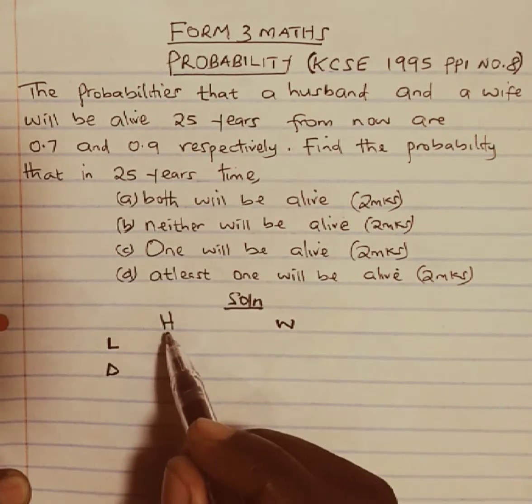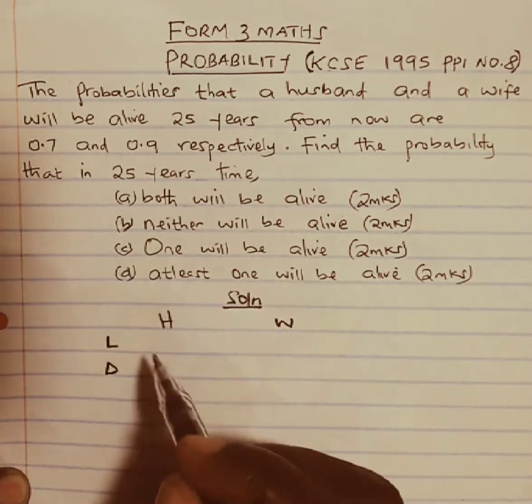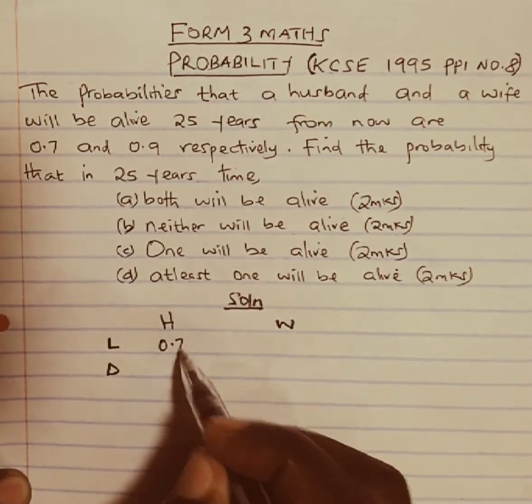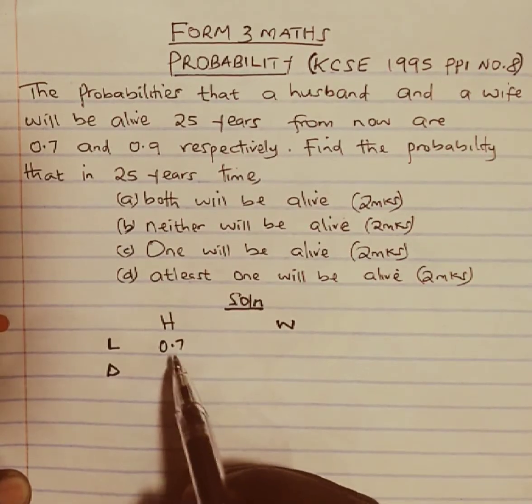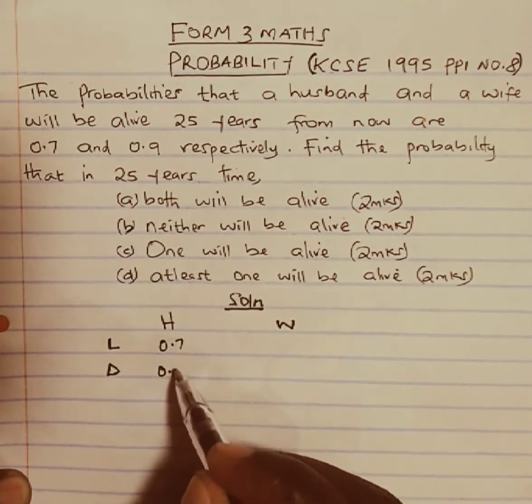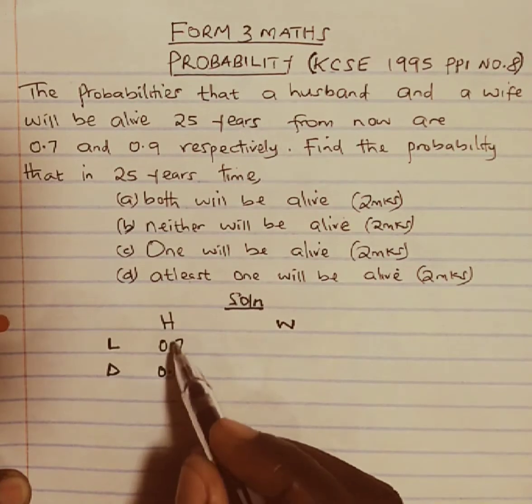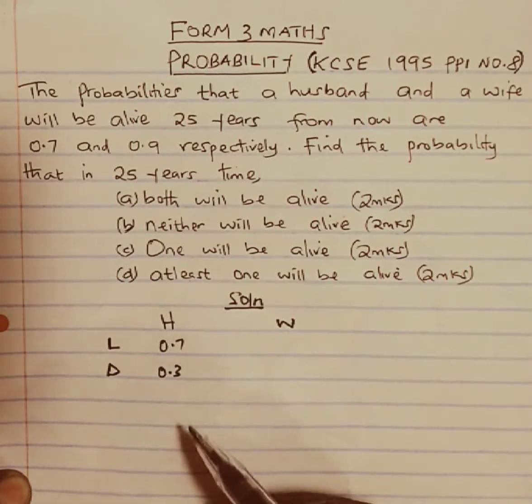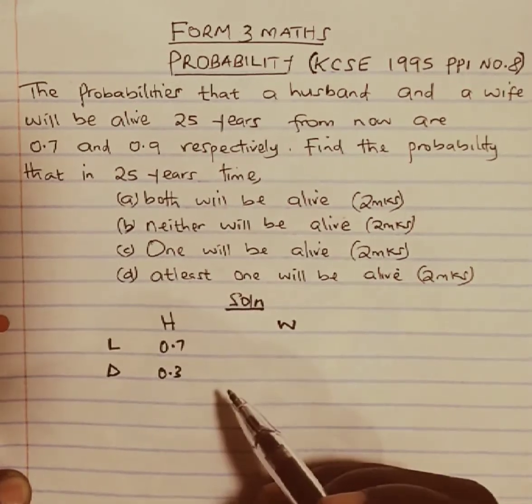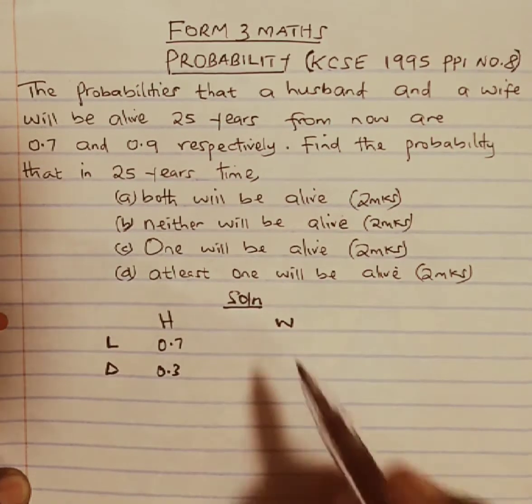So the husband living is 0.7, meaning not living will be 0.3 to make it 1, since the total probability space is 1.